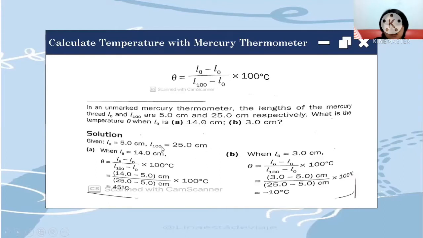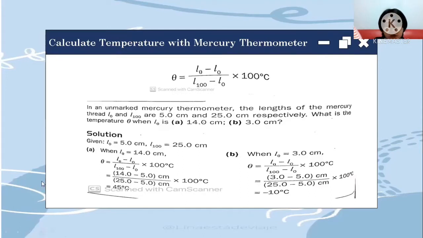Now, let's answer A. When L theta is 14.0 centimeters, we take the formula and input the numbers one by one. So L theta is 14.0 minus 5.0 over 25.0 minus 5.0, and then we times by 100.